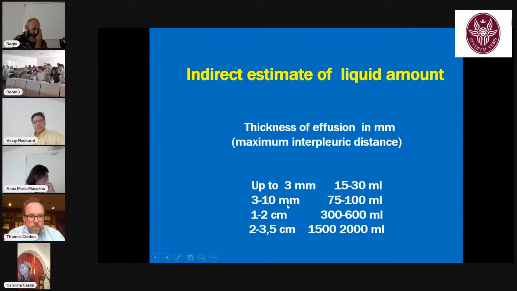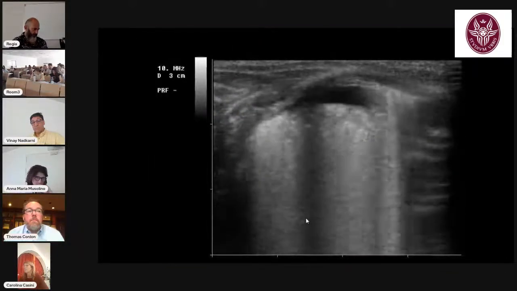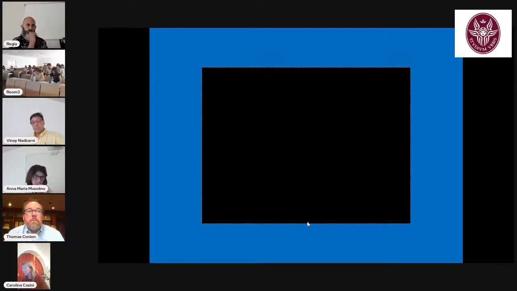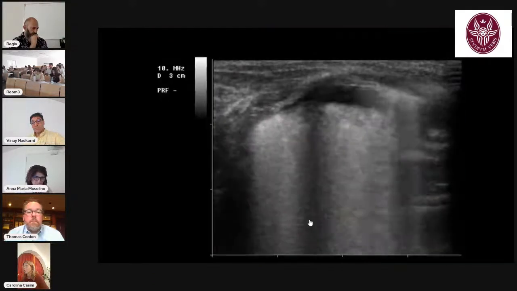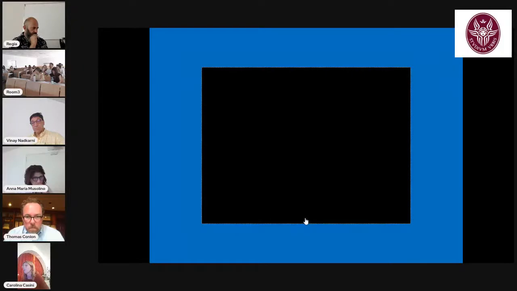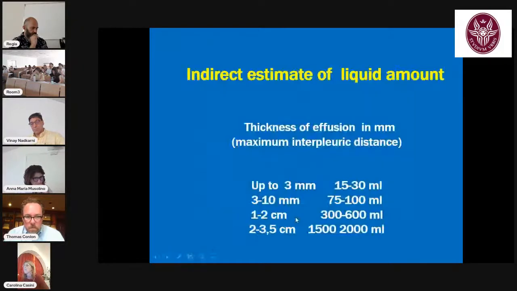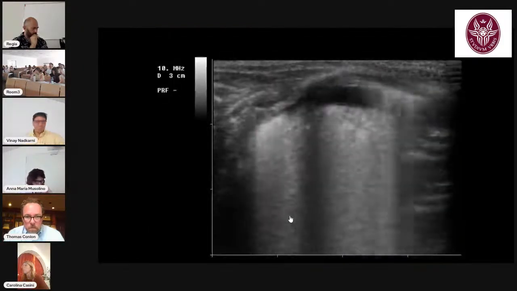And from 3 to 10 millimeters, the liquid estimated is 75, 100 milliliters, till we get to 5 centimeters, where we can arrive at 1.5 thousand milliliters. And this is how we see the pleural effusion. I'm sorry, but I'll show you again. I can come back. With the pleural effusion, we can see that between the two pleura there is the fluid.